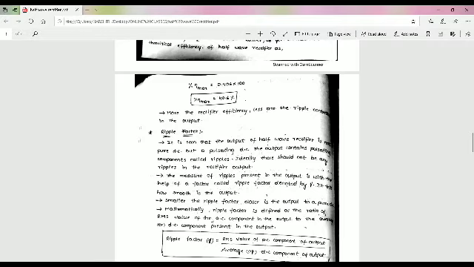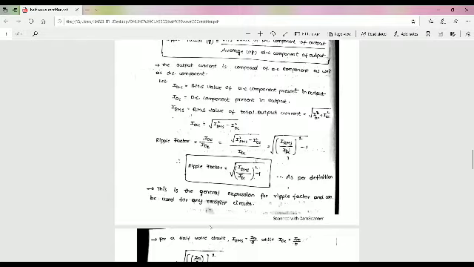So I_RMS equals the square root of I_AC squared plus I_DC squared, where I_AC equals the square root of I_RMS squared minus I_DC squared.